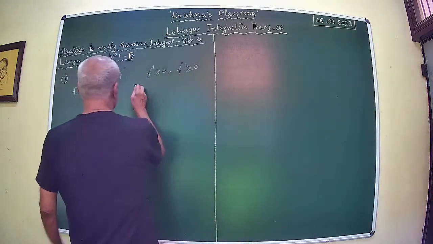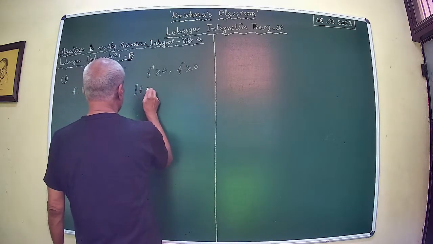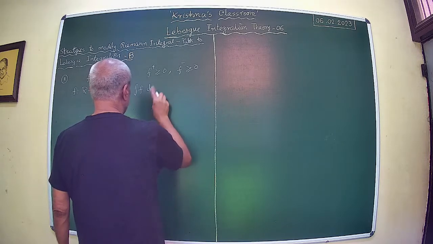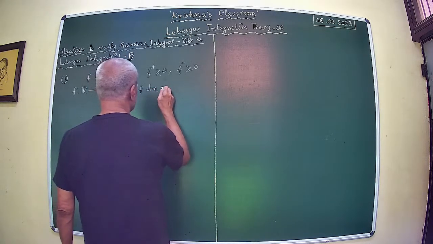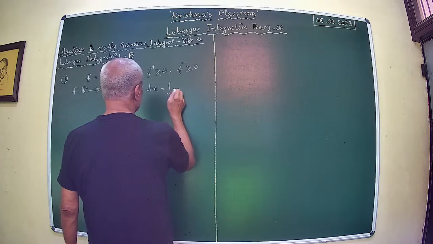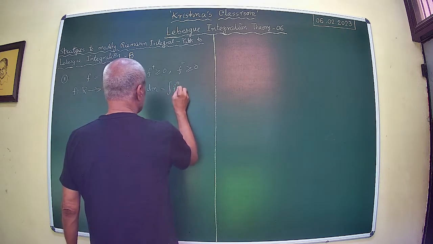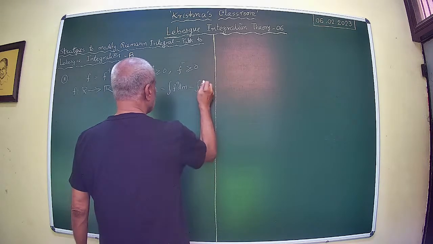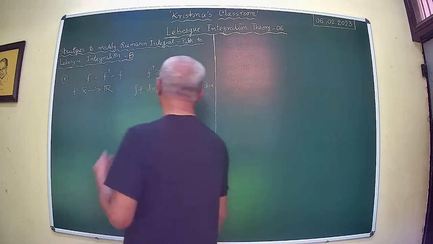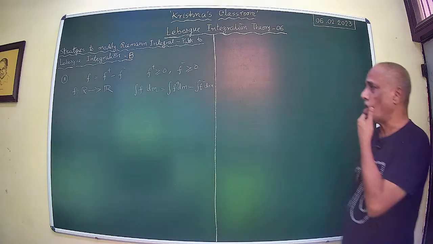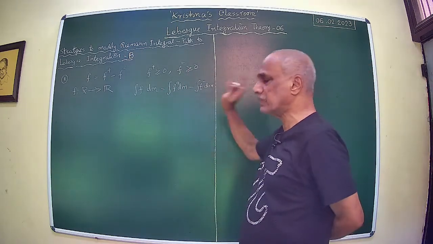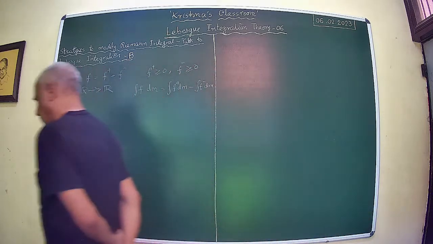means that integral f, let me write d mu or dm or whatever it is, equals integral f plus minus integral f minus. So it is sufficient to work on non-negative functions.